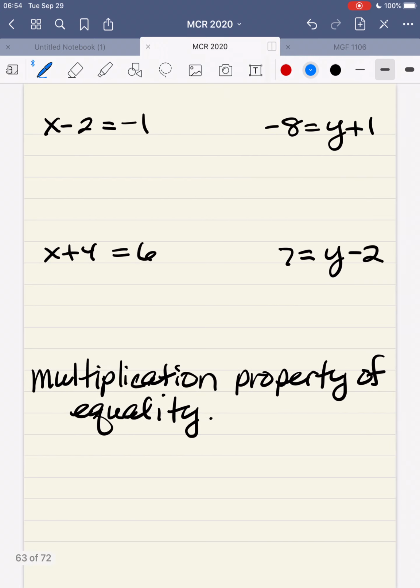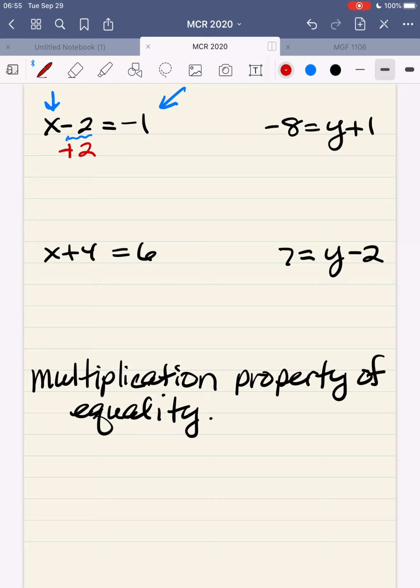All right, so over here I have x minus 2 is equal to negative 1. Remember, my goal is to get the variable, my x, by itself, and all the numbers over here. And I have a minus 2 here. Now the opposite operation of subtraction, or minus, is plus, which means to add 2 to both sides.